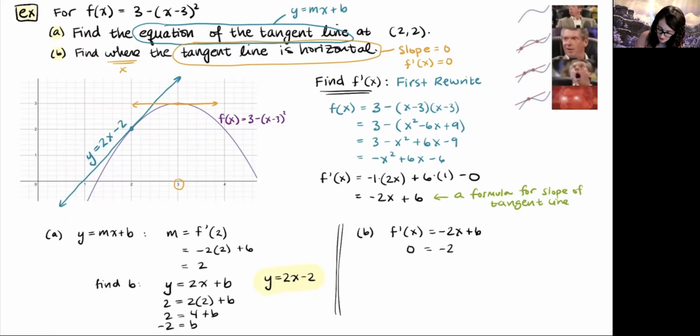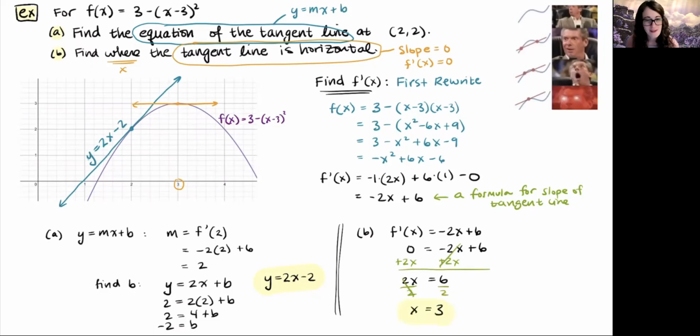What x value makes that happen? We can just rearrange this and solve for x. So maybe we'll add 2x to both sides, plus 2x, plus 2x. We'll get 2x on the left equals 6 on the right. Then we'll divide by 2. And of course, that gives us x equals 3.